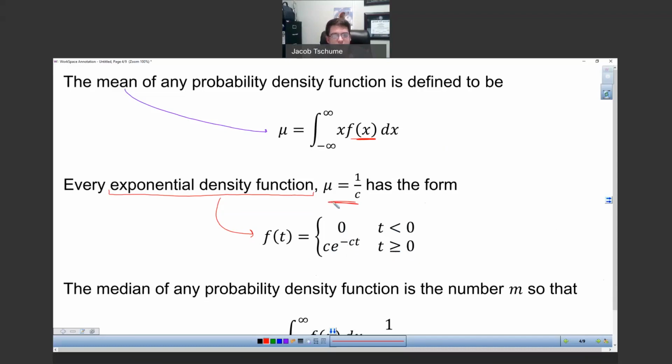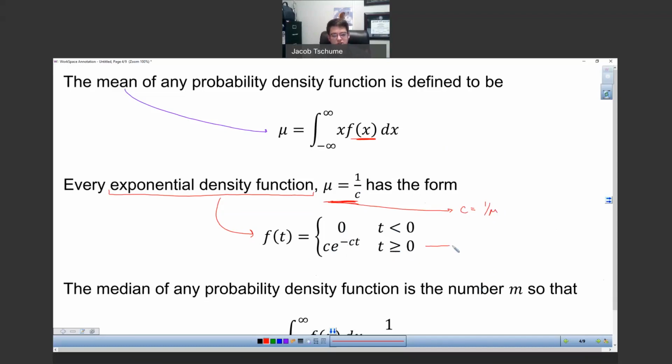Well, c comes from this formula for mu. If you were to rearrange this to get c by itself, we could say that c is defined as 1 over the average or the mean of the density function. So how does that change our problem?